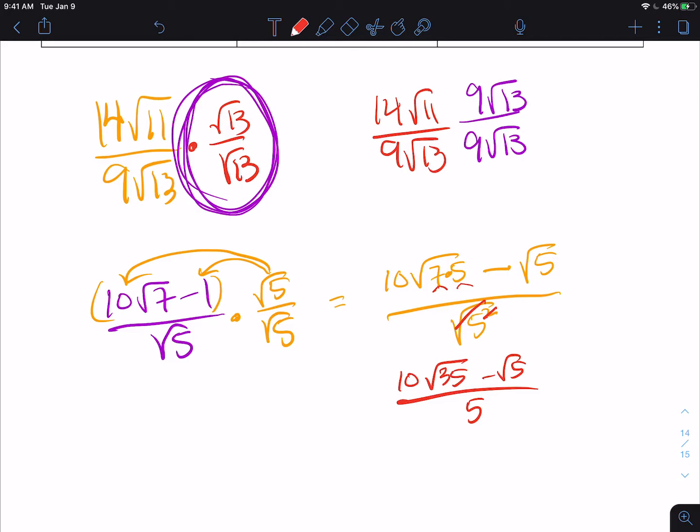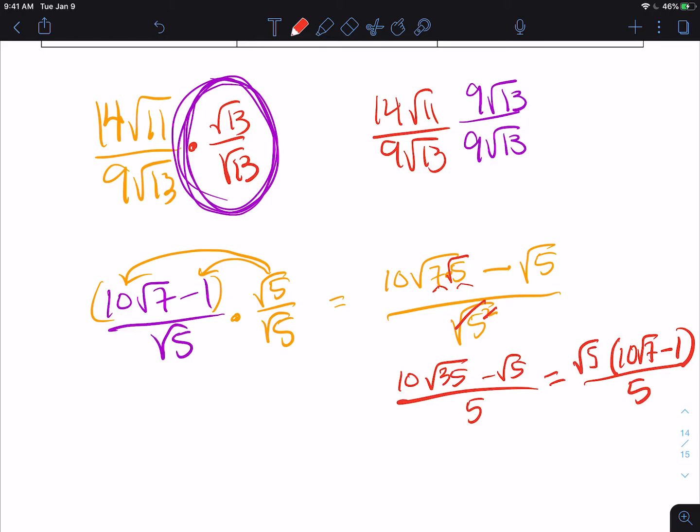Now, there are some places that would do this where you have a common root 5. So notice here that you've got this root 5. So when I take out the root 5, I would get 10 root 7 minus 1 over 5. This is not a very conventional way to write it. It is a correct way to write it because they have a common factor of root 5. But it's not one that's done very often.